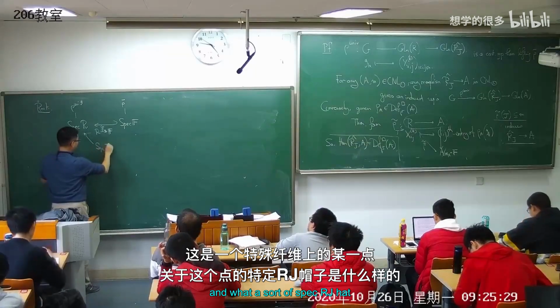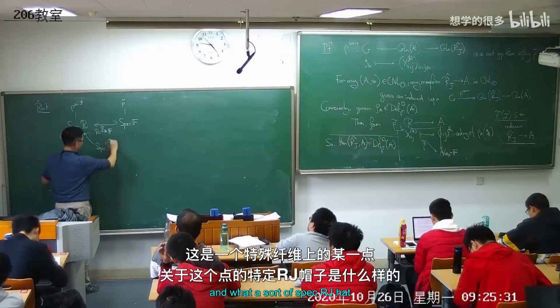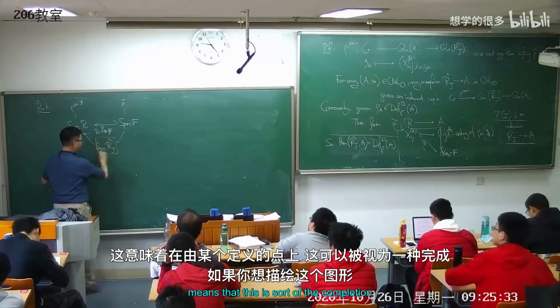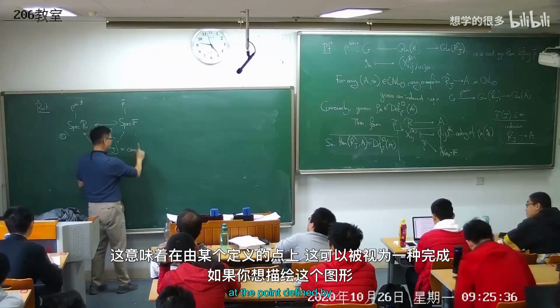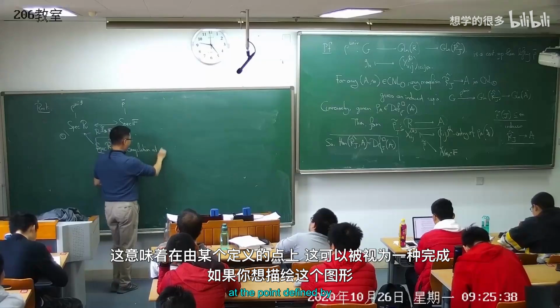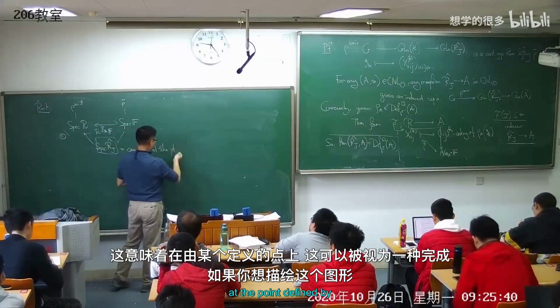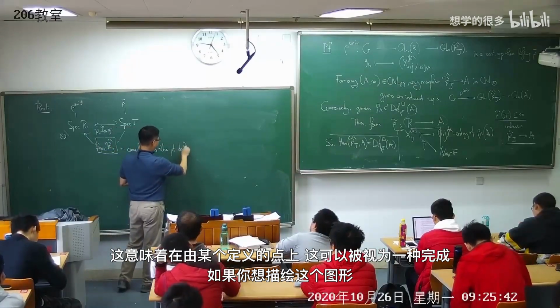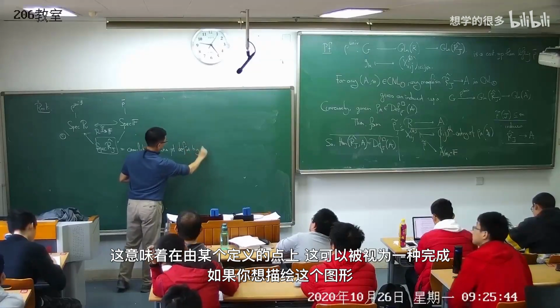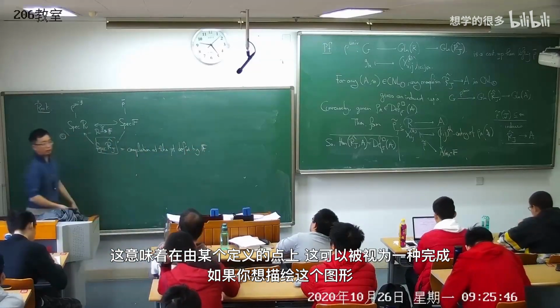And what this spec R_J hat means is that this is the completion at the point defined by rho bar, in some sense.